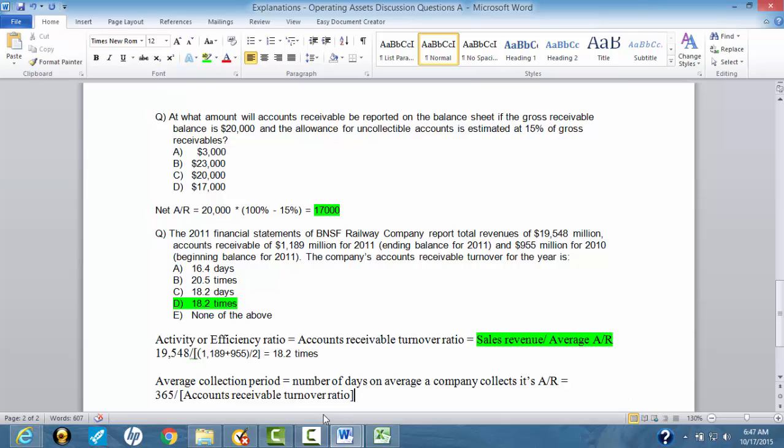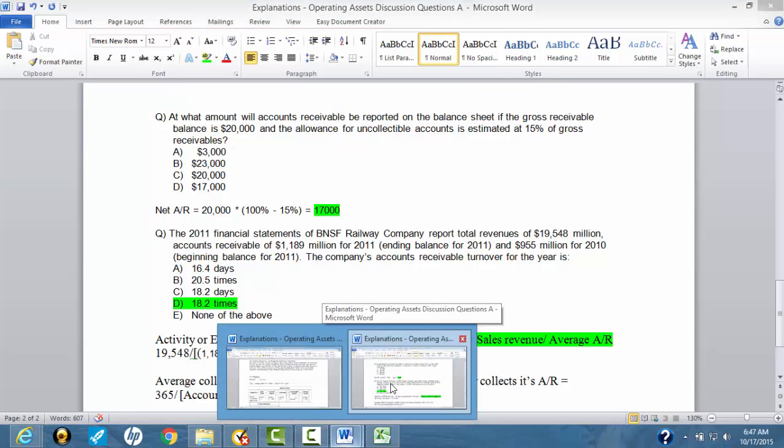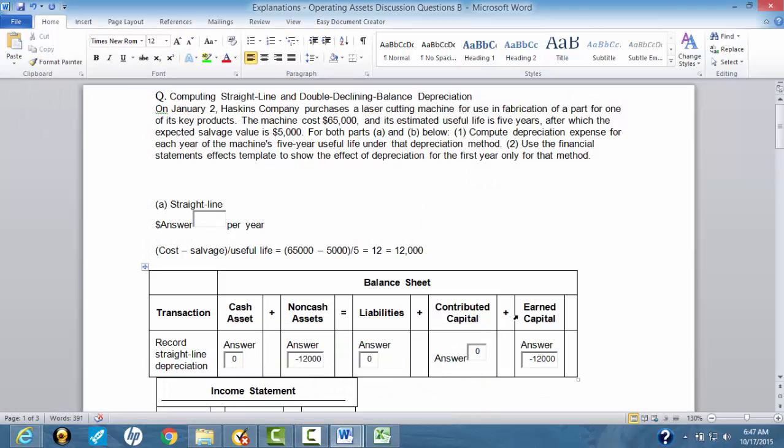Now, moving on, we will look at the second set of questions, and still on operating assets, we will now look at property, plant, and equipment, and our focus will be depreciation calculations. Haskins Company purchases a laser cutting machine for use in fabrication of a part for one of its key products.